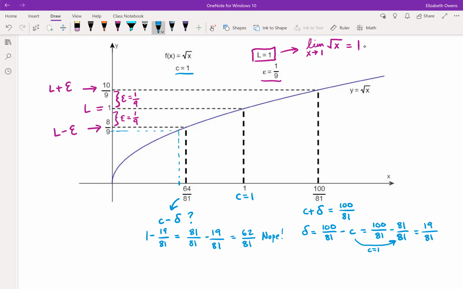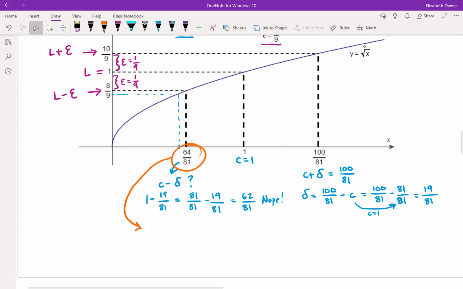So we need to take a different tactic here. Turns out the delta that we found over on this side, the 19 over 81, was a potential option for delta. We could have also calculated delta by starting over on this side. So I'm going to do this one in orange. Let's say that 64 over 81 is c minus delta. Now we're going to calculate delta based on that instead.